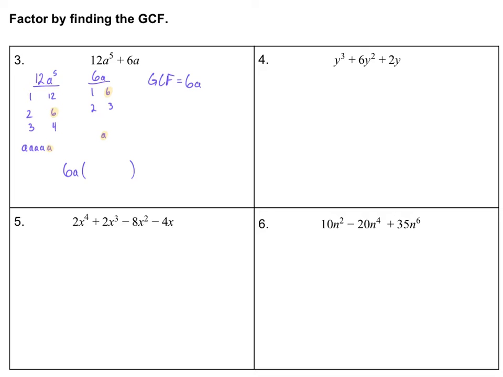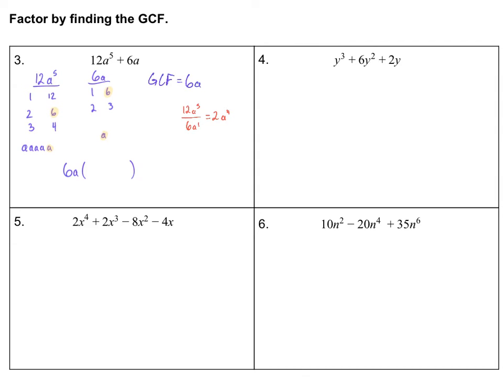Well, let's see, same process as before, 12a to the 5th. And if I factored out a 6a, that's like dividing by 6a. So 12 divided by 6 is 2. And then a to the 5th divided by a. If we remember our properties with exponents, we subtract, so 5 minus 1 gives us a to the 4th.